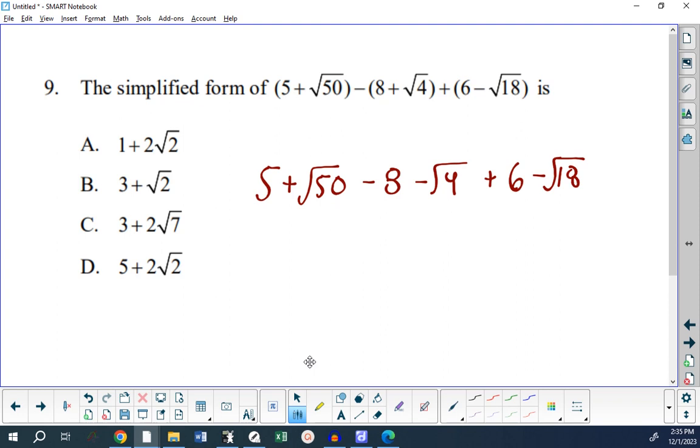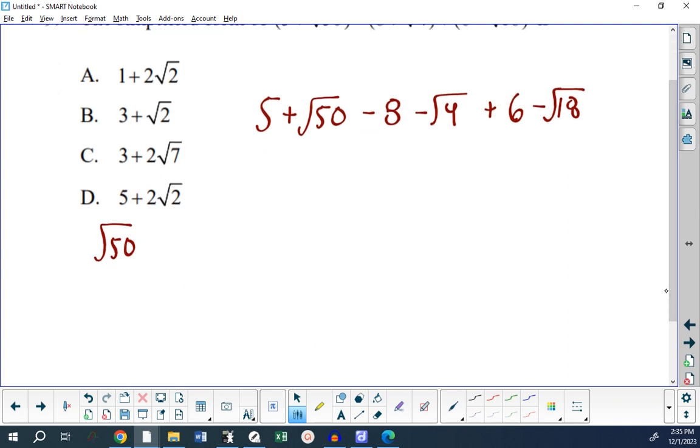And then all of these, like the root 50, can be simplified. Hopefully we've got enough practice with this that it's pretty apparent. It's root 25 root 2, and root 25 is 5. So it's 5 root 2.